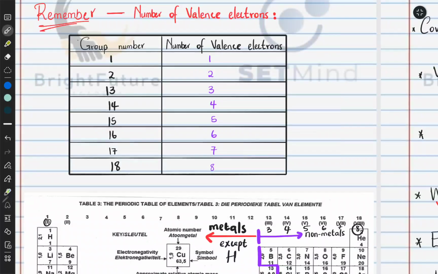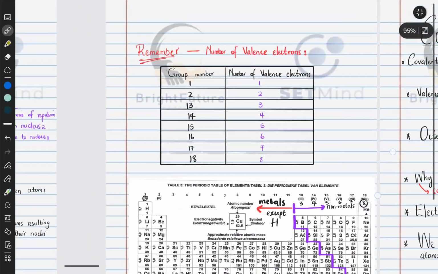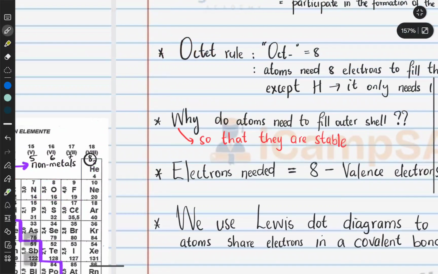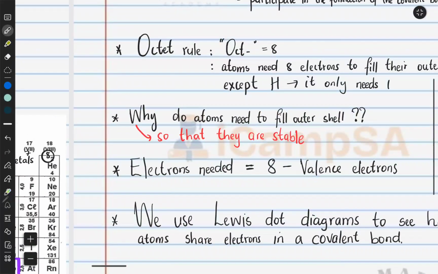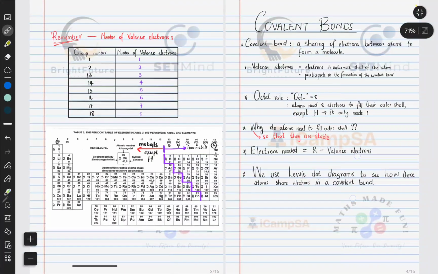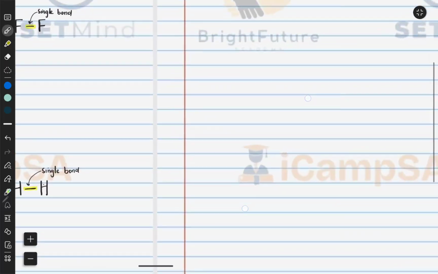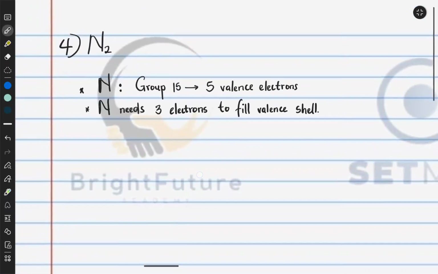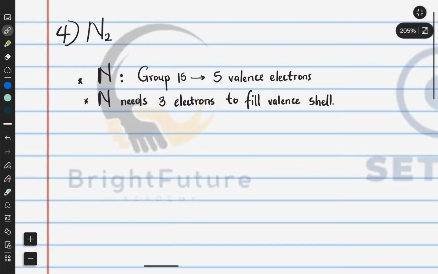So how many does it need to fill its outer shell according to the octet rule? It needs 8 minus that 5 that it already has. So that is 3. It needs 3 more. Okay, so it needs 3 more electrons to fill its valence shell.